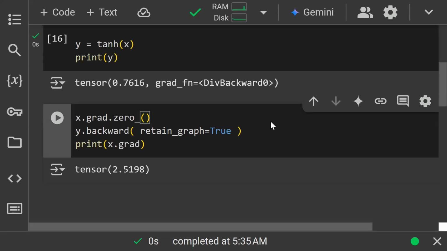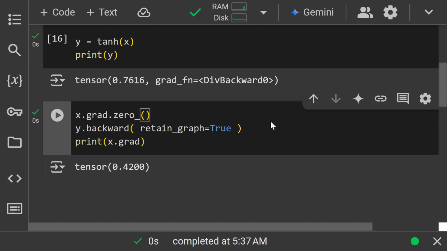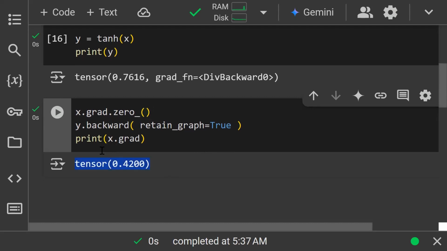By calling this, you're emptying and cleaning up the previous execution and setting everything to 0 so that you start from a fresh new state. In that way, you can get the actual, real gradient value. Now that I added that x.grad.zero_(), no matter how many times I run this, I'll still get the same output.